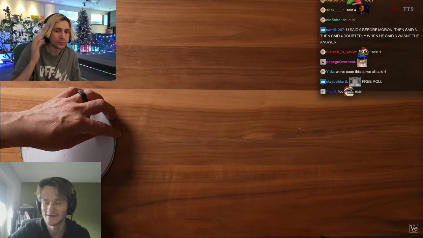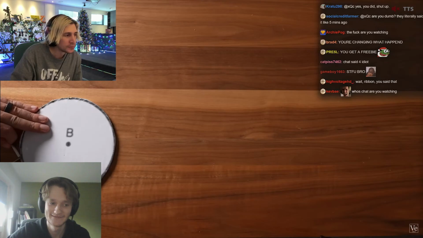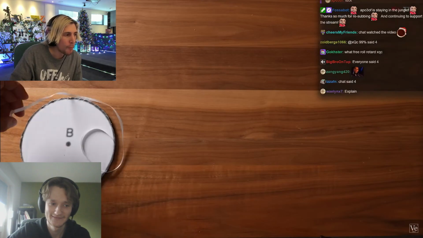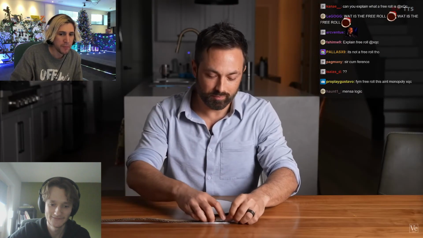I'll make the ribbon the same length as the circumference, and then I will stick it down to the table as a straight line. I'm adding some paper here, so there's something for this to roll on.